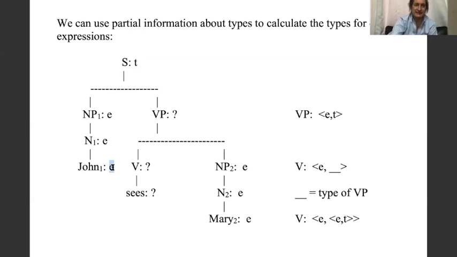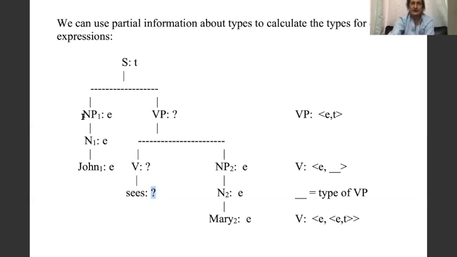His type is E. Mary is an individual of type E as well. Okay. We can use that information to calculate what the VP has to be, what the V has to be, and what the types have to be.